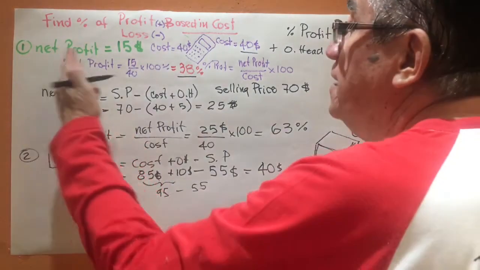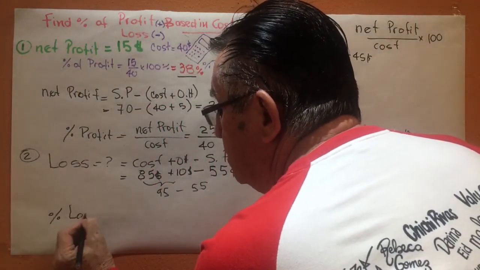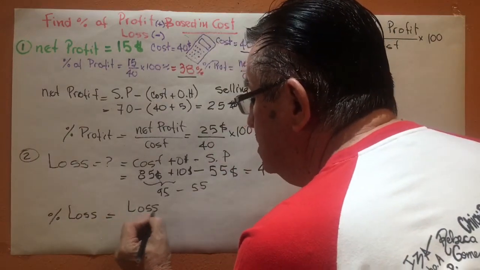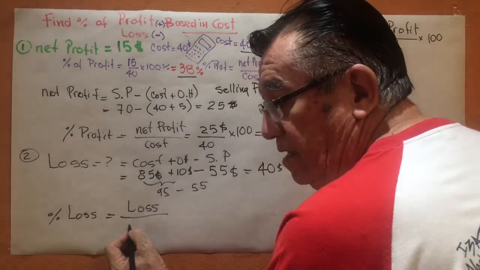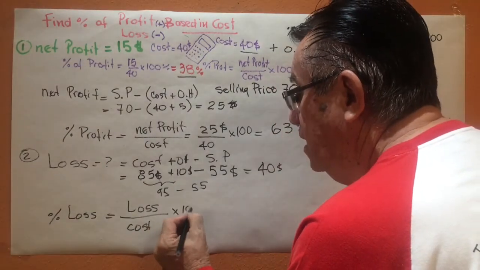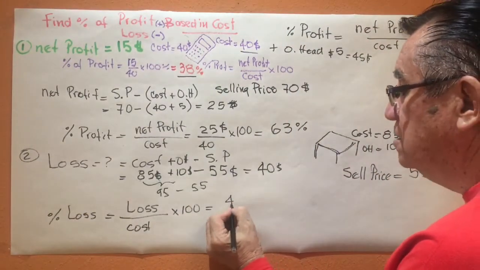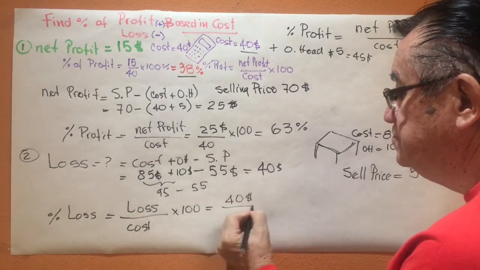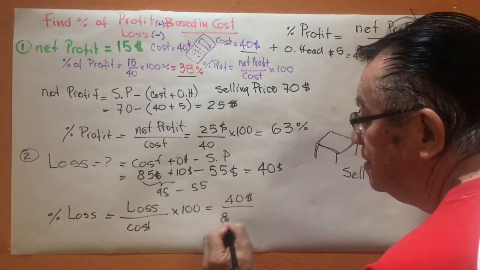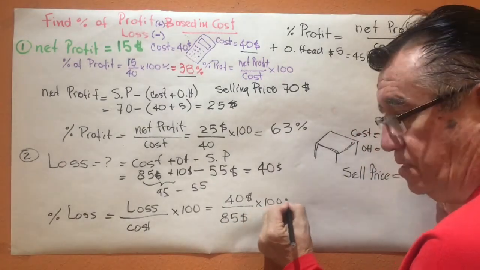I need to find the percentage of loss. Percentage of loss is given by the loss divided by the cost, times 100. Substituting the values, we have $40, and the cost, which was 85, times 100.